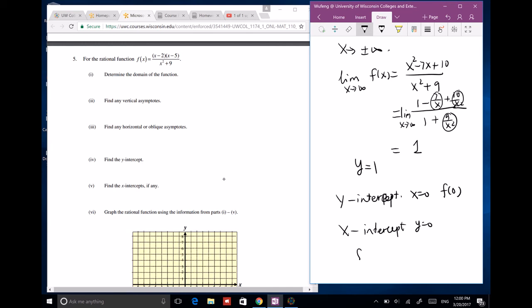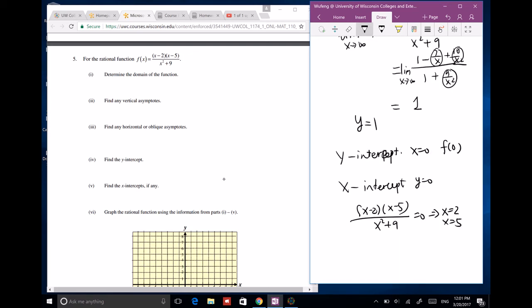You solve (x minus 2)(x minus 5) over (x squared plus 9) equals 0, so x equals 2, x equals 5. For the y-intercept, plug 0 in and find f(0) by yourself. For the x-intercept, y equals 0, so (2, 0) and (5, 0) are your x-intercepts.